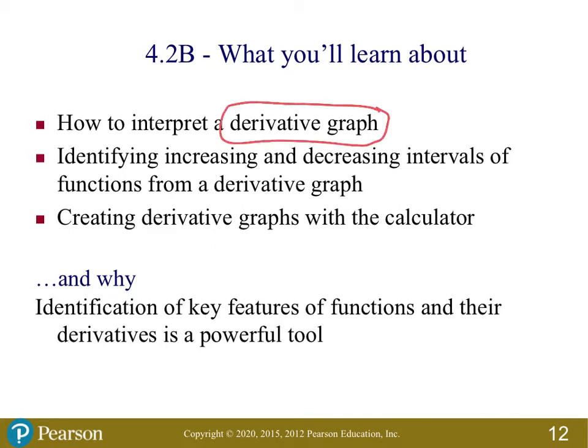We're going to learn how to read a derivative graph, because you read a derivative graph differently than you read a regular graph. So we're going to look at a derivative graph, how to find increasing and decreasing intervals from that, and how to create derivative graphs with our calculator. So you should have your calculator handy because we will be needing that.